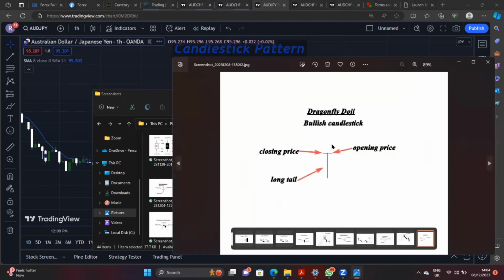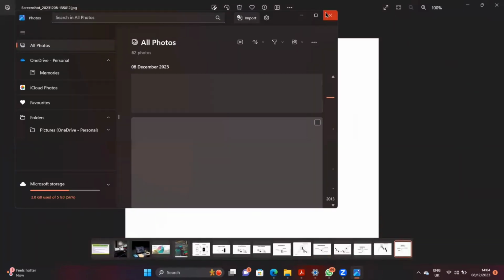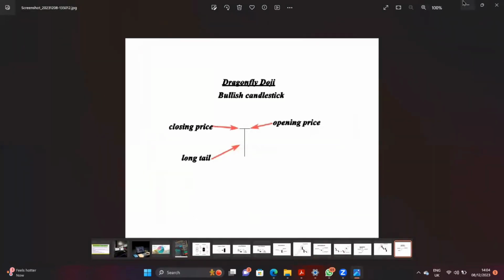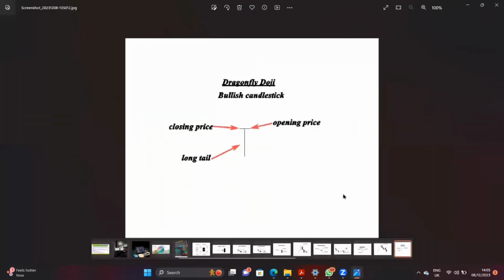I am displaying on my screen what I want you to see about the dragonfly. This is how a dragonfly looks. So let's see what it is.